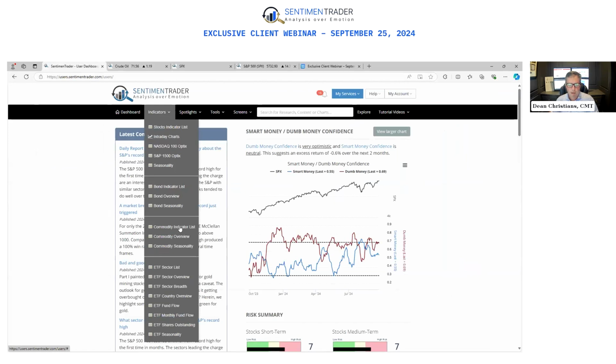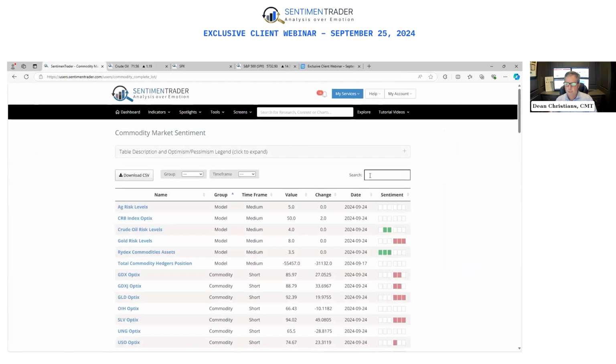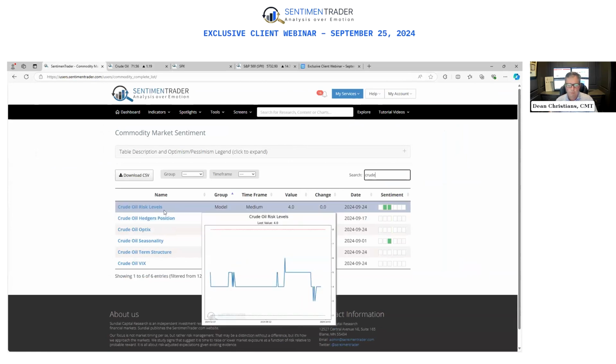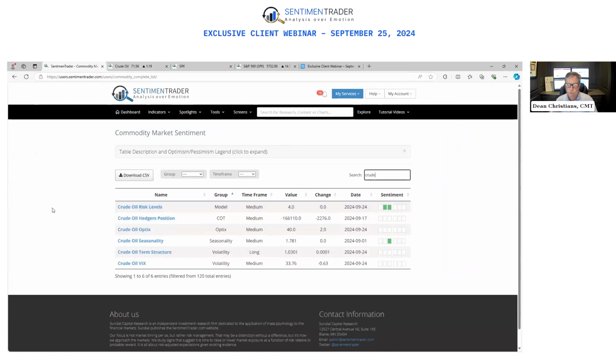Let's take a look at the commodity indicator list, crude oil. We've got all these various sentiment-based measures for crude oil, and we can see it's had that big run. This is reflecting current day. But again, this is just an example of how you can use the website. You could have come in here and looked at all these various sentiment indicators.